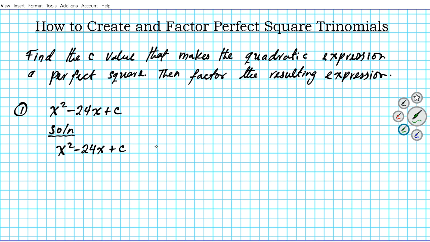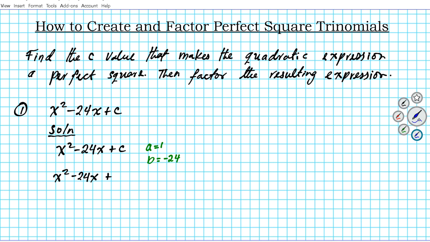In this setup, a is 1 and b is negative 24. So let's carry out the substitution. We're going to replace the c with b over 2 squared.